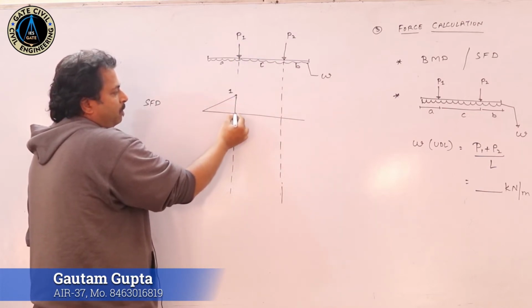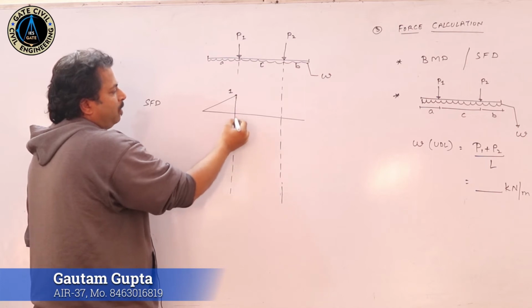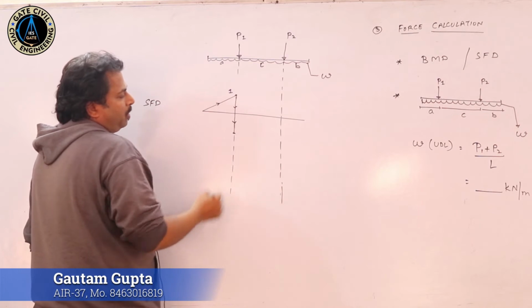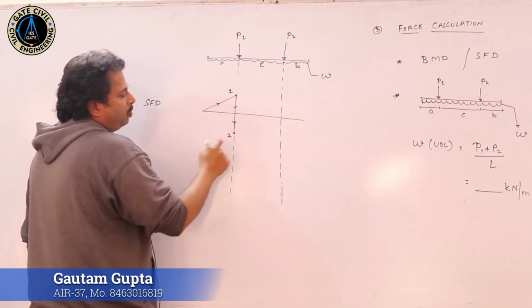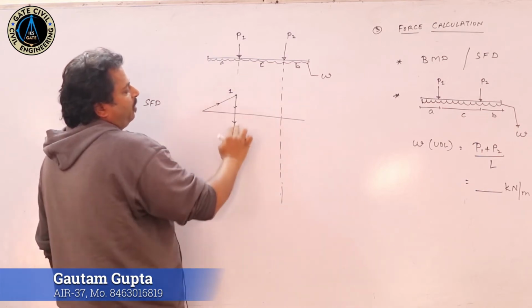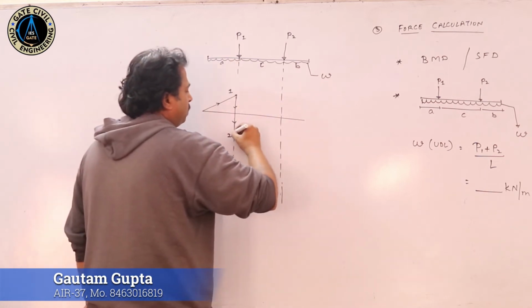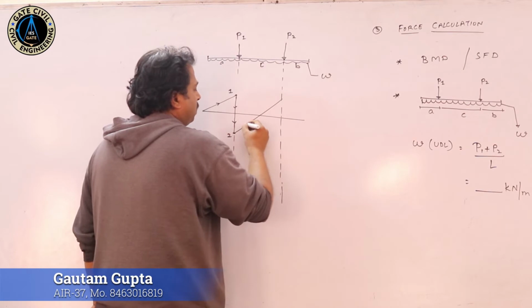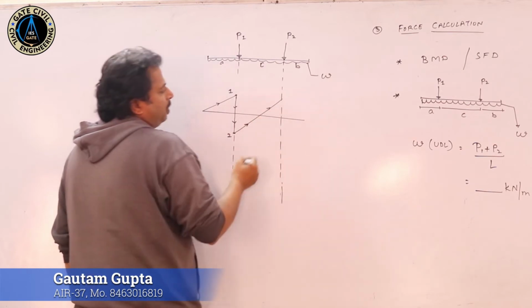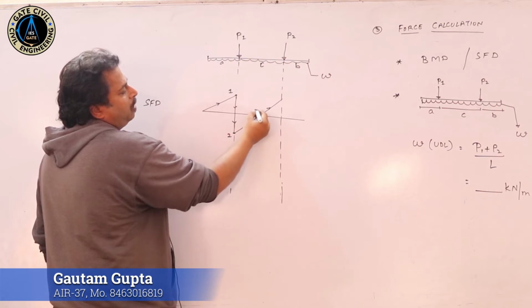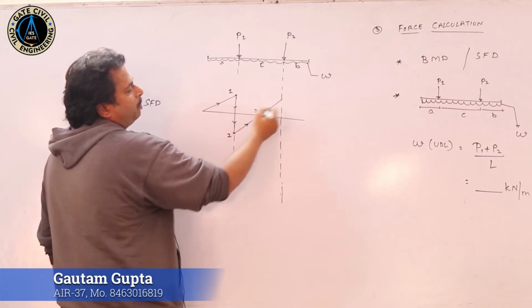So, I will move the line downwards. It comes to this point. I will represent this point as point number 2. Now, again after this point, there is a loading which is going in the upward direction. So, again this is moving upward. This point at which the shear force is 0, I am representing it as point number 3.